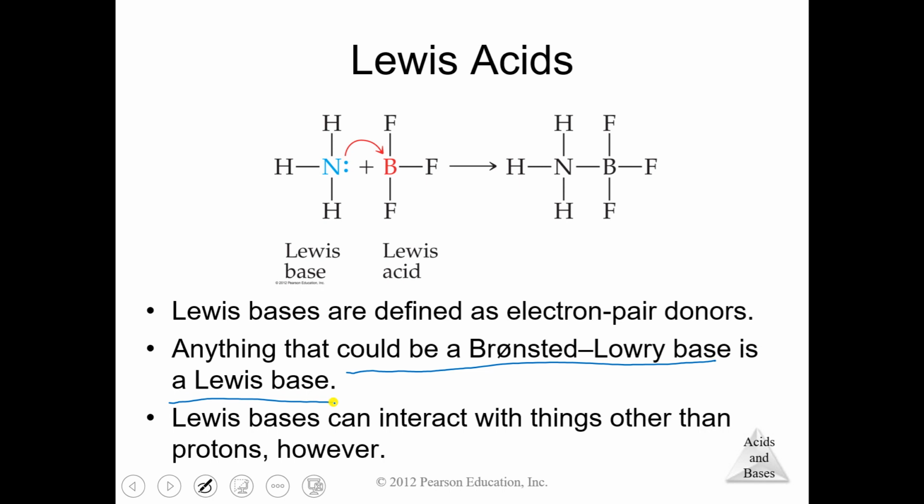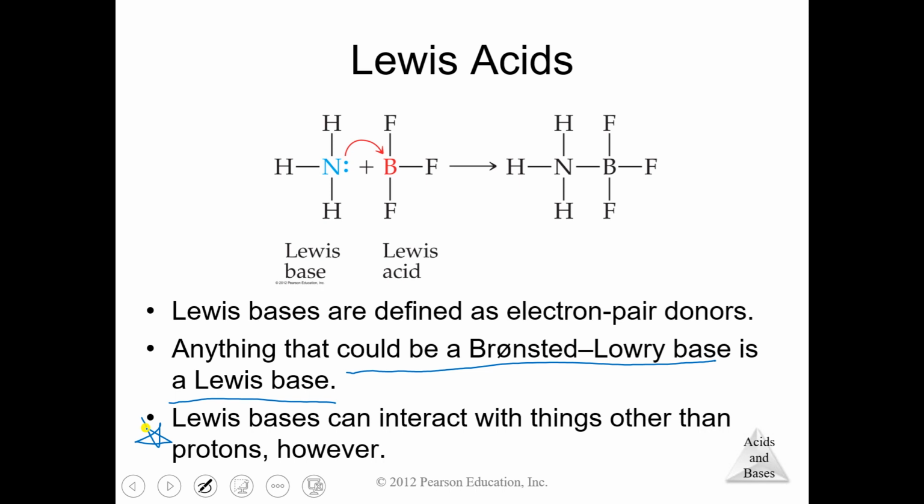I'm going to say that again. If it could be a Bronsted-Lowry base, meaning it accepts a hydrogen from something else, it is also a Lewis base. Lewis bases, this is important, this last bullet here. Lewis bases can interact with things other than protons. Okay? So Lewis bases are dealing with the lone pairs of electrons, where Bronsted-Lowry is only dealing with hydrogens, protons.